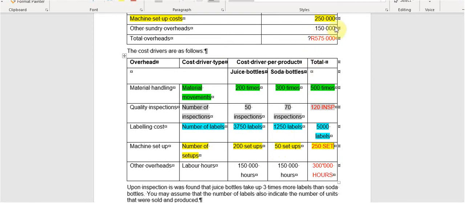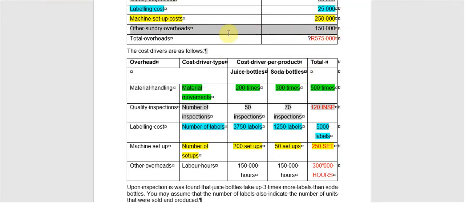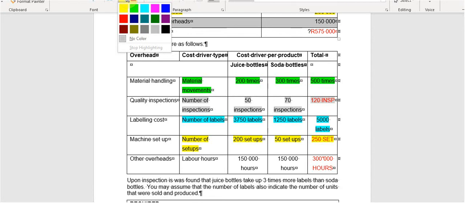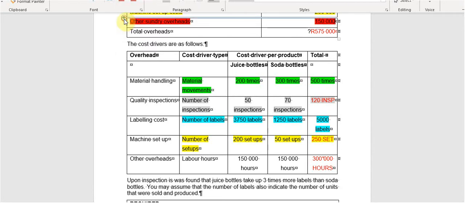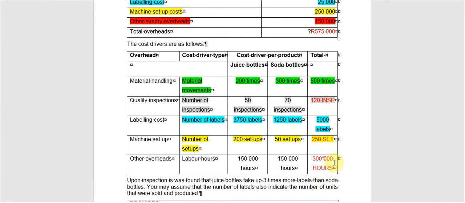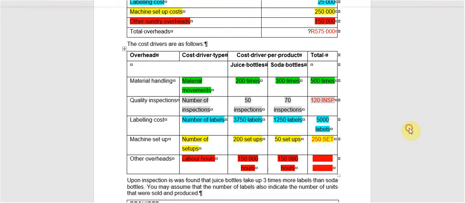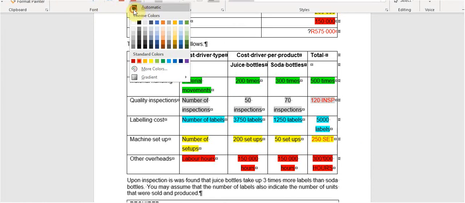And then finally, we have other overheads. The other overheads I am going to highlight in what have I not yet used. A dark blue, let's make it red. And then, of course, the labor hours will be the cost driver, which should also be red in complement to that one. All right, now you can't properly see. Please remember this was what? Let's just make that one visible again. There we go.